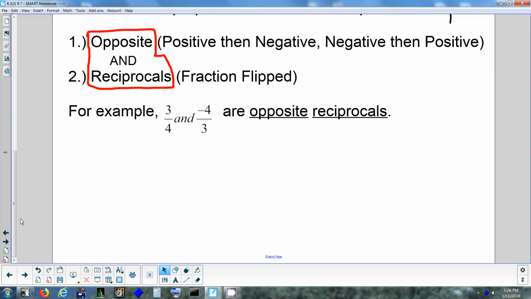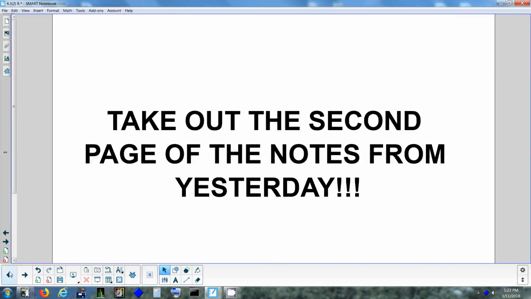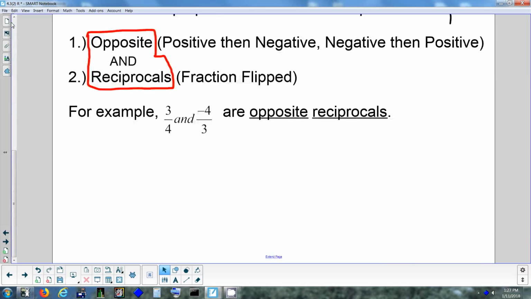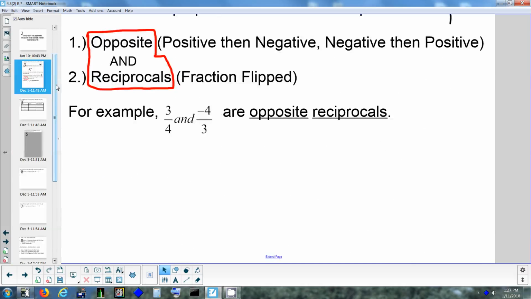If the slope of the line we were given is 3/4, for the line to be perpendicular to that, its slope would have to be -4/3. Those are opposite reciprocals, right?